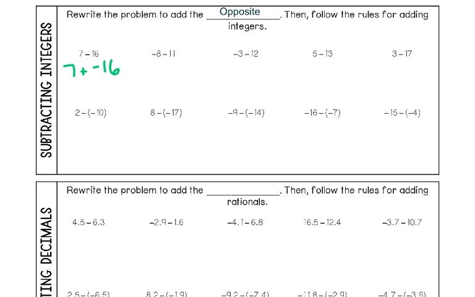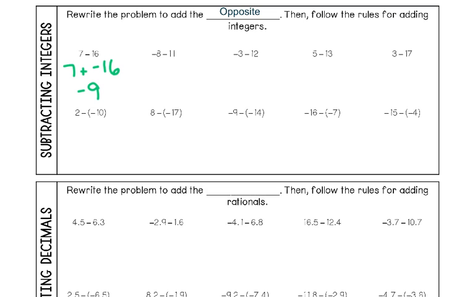Look back in your notes if you need to, but whenever there are opposite signs being added, that means you subtract the numbers. 16 minus 7 gives you 9, and then you take the sign of the number with the greatest absolute value. You look at the two values of the numbers, and you can see that there are more negative numbers than there are positive numbers. So your answer will be negative.